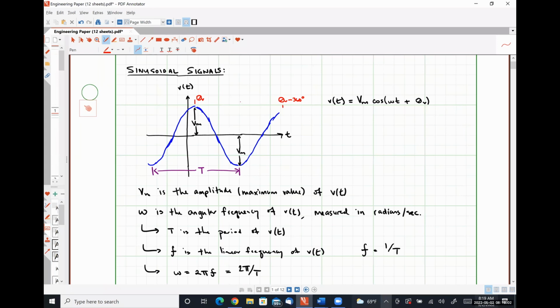Well, right here, where we have our negative peak, is a time shift of 180 degrees. So to change the sign on a sinusoidal signal requires a phase shift of 180 degrees, but we can say that it's plus or minus because it really doesn't matter which direction we go, right? So over here, this would be theta v plus 180 degrees. Either instance gets us to the negative value.